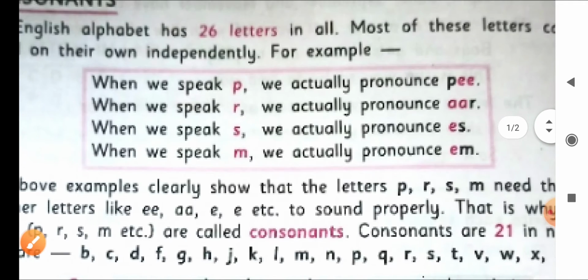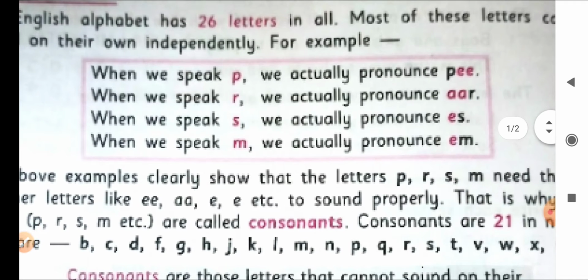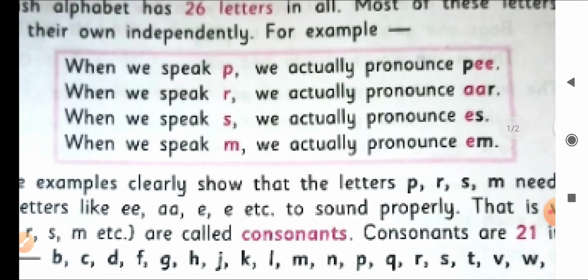See here, we have added letters to pronounce P. To speak out P, the actual pronunciation is "pee." Here we are taking the support of different letters to pronounce a particular letter.